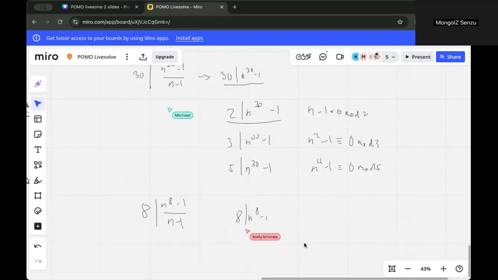Oh, sorry. By Euler's totient, we have that the totient of 8 is 4. So n to the 4 minus 1 should be equal to 0 mod 8 because of Euler's totient formula.